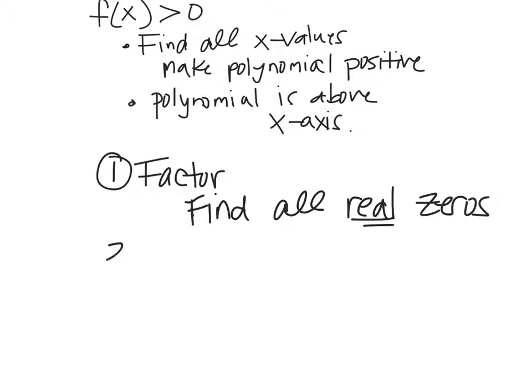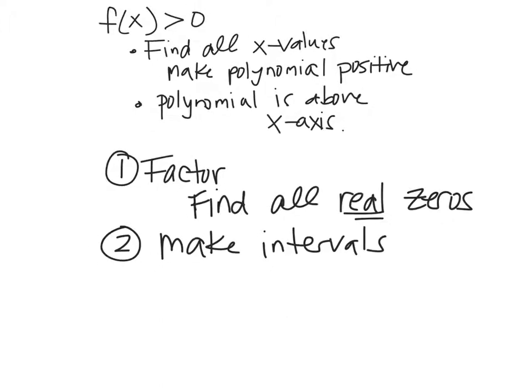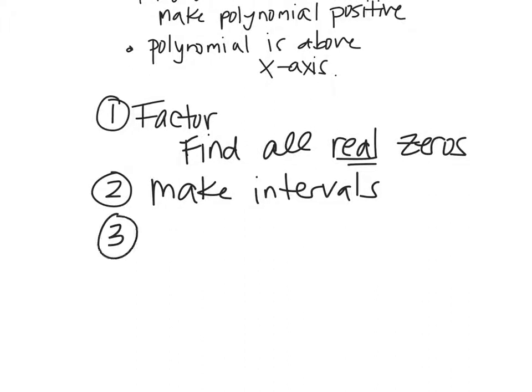Number two, then you are going to make intervals using those zeros. So if you have 3 zeros, that's going to make 4 intervals. It's going to split up the number line into 4 intervals. And then you're going to test for either positive or negative.